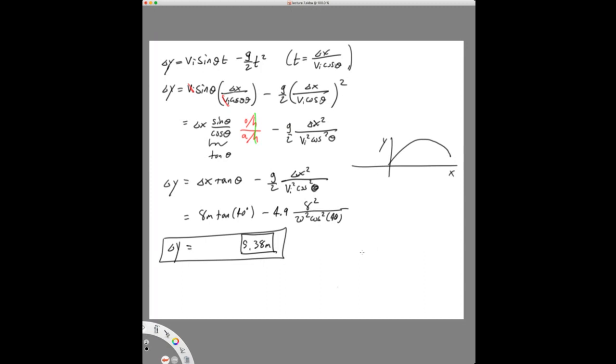Okay, any questions about this problem? I still can't get the answer. So what I would recommend is break it into pieces. So this bit here, let's see what you get for that. So I get 0.27 for this number.